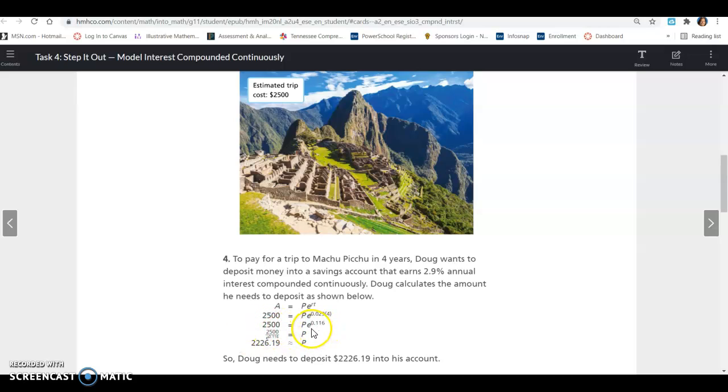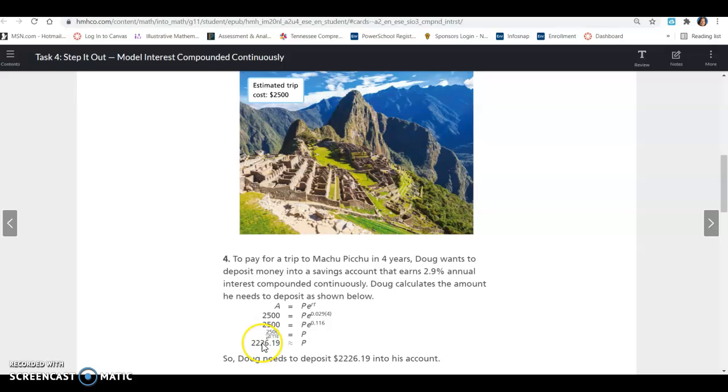All right, so again, e is a number, and then you can multiply these exponents together to get this, and then we can solve for P. Okay? So it says 2,500 divided by e raised to this power equals our principal. So $2,226.19.